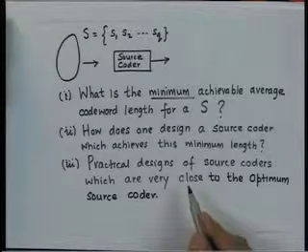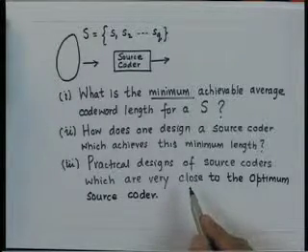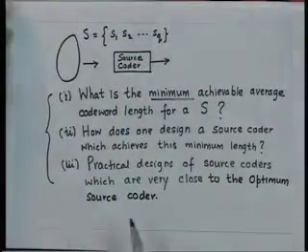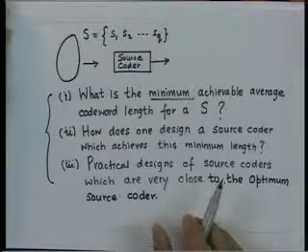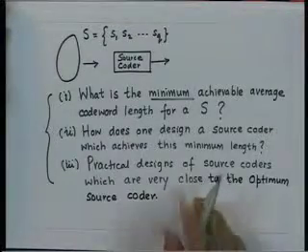Based on the definition of information measures and entropy calculation for the sources, we will try to answer these three questions. So, let us look a little more in depth into the connection between source coding and the information theory concepts which we have studied so far.